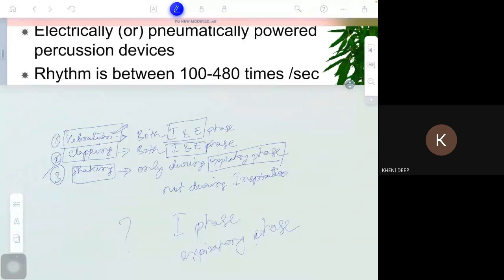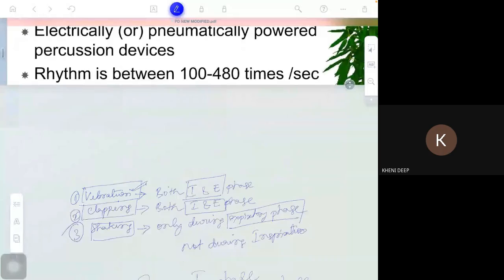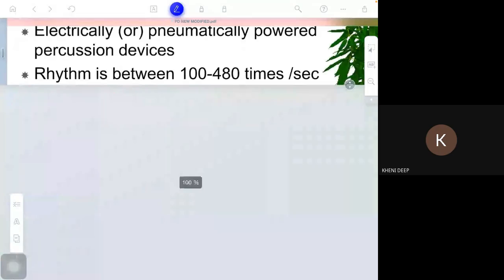I think you understand my question. So I have told three manipulations: vibration, clapping, and shaking. So you position the patient.